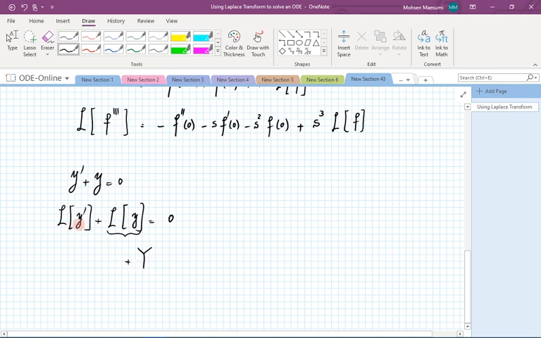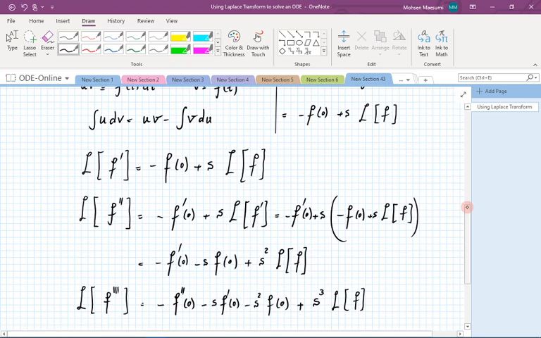Laplace transform of y prime, hopefully we didn't forget, is minus the initial value plus s times the Laplace transform. So if instead of letter f you have letter y, this becomes minus y0, and this becomes s times Laplace transform of little y, which you write as a capital Y.